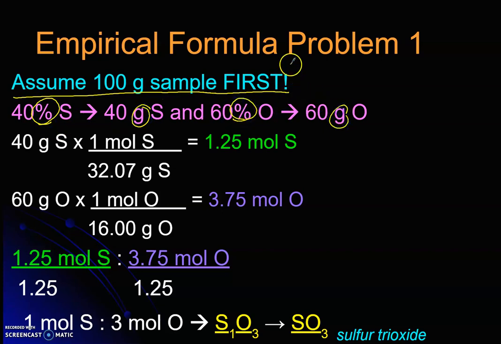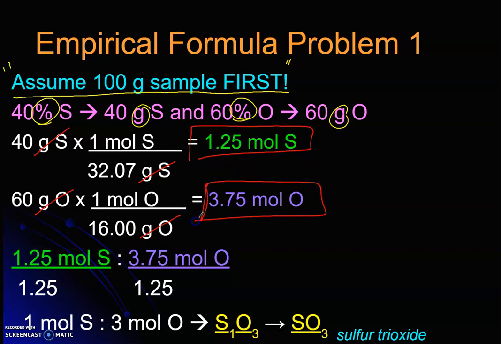That's what that assume 100-gram sample allows you to do. Then you convert your grams into moles because we don't have percents on our mole roadmap. So you divide by the molar mass of each one. And then you get 1.25 moles of sulfur for every 3.75 moles of oxygen.